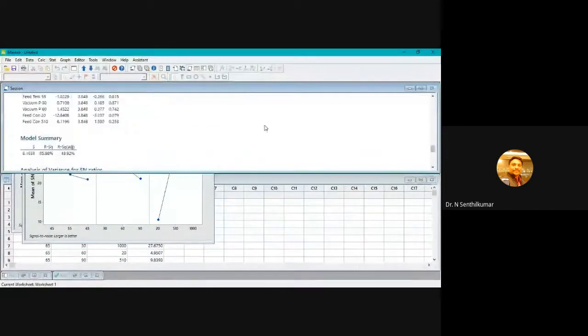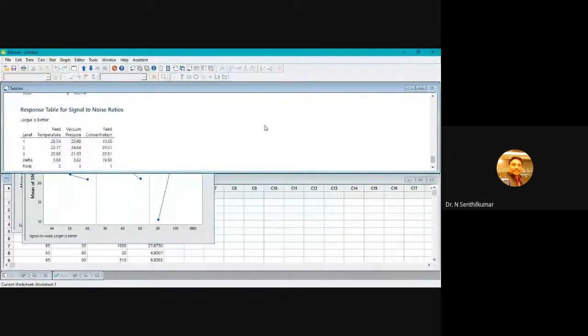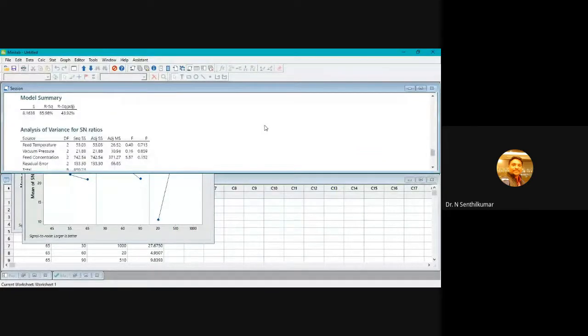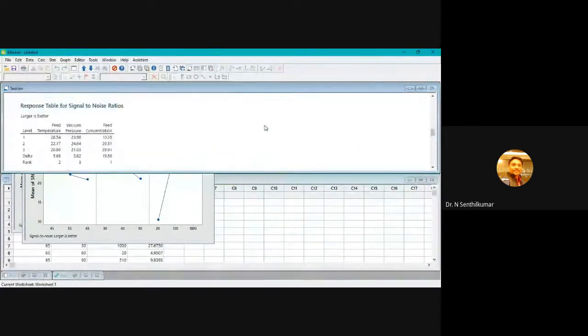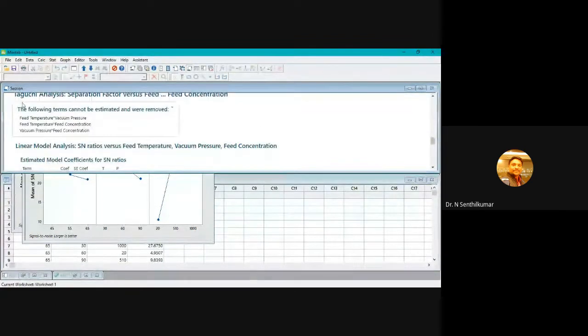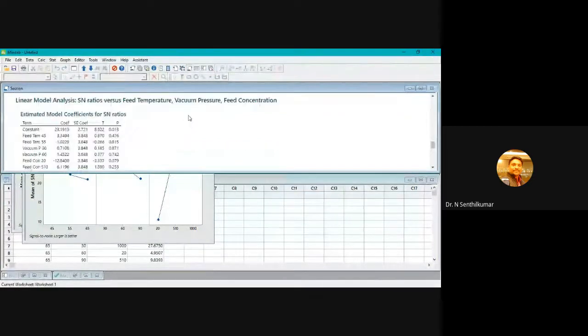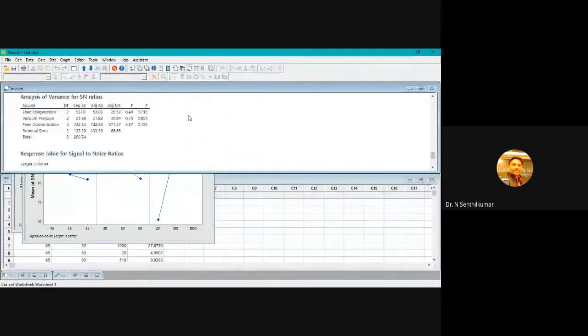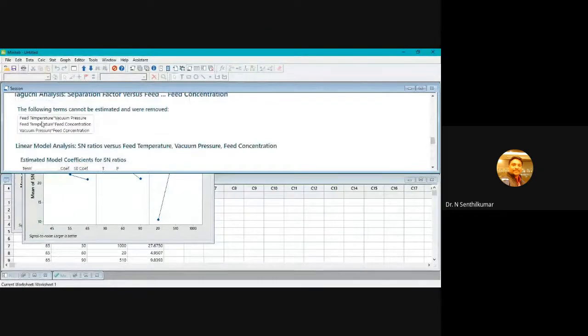Here you can see, the following terms cannot be estimated and were removed because the number of residual error will become 0. That's why in this case, the interaction terms cannot be considered. If I'm going to choose it as L27, it may be taken into effect.